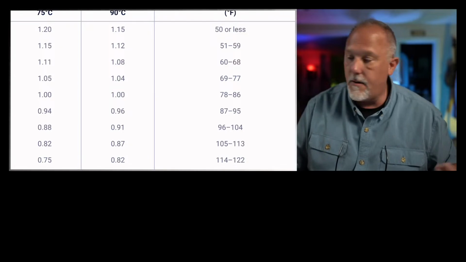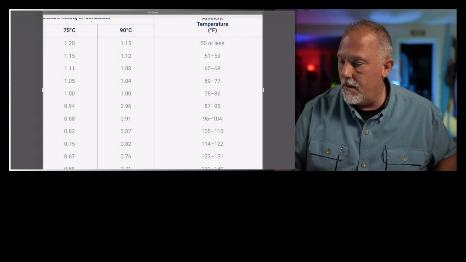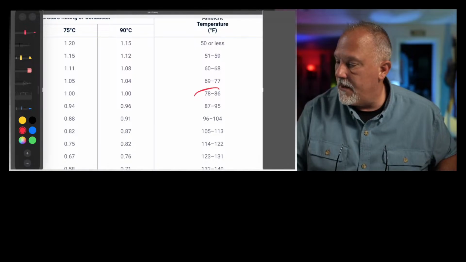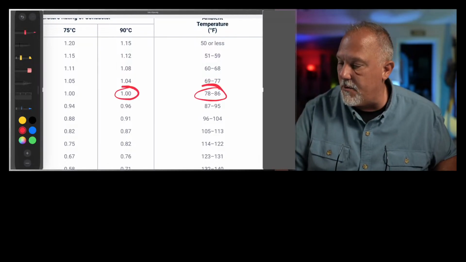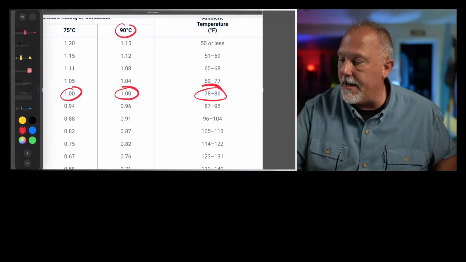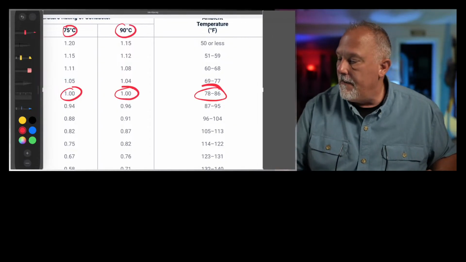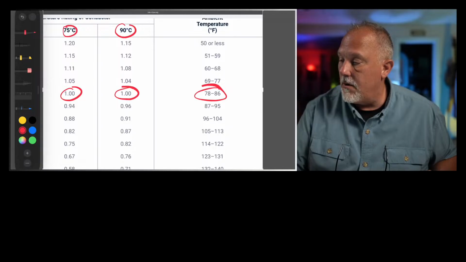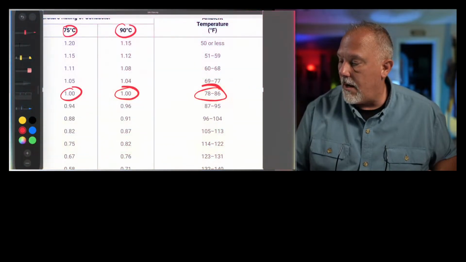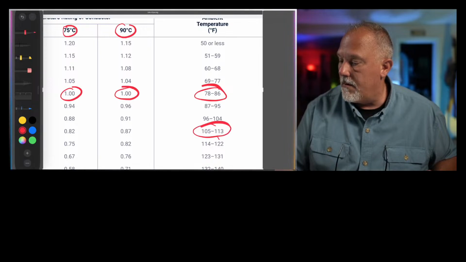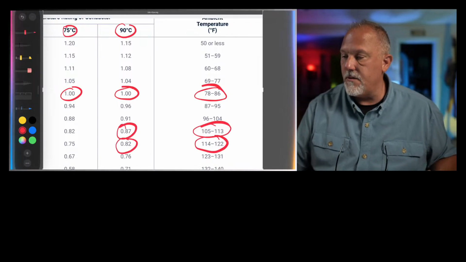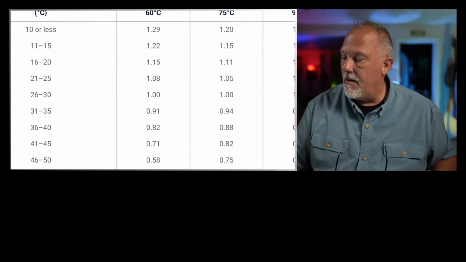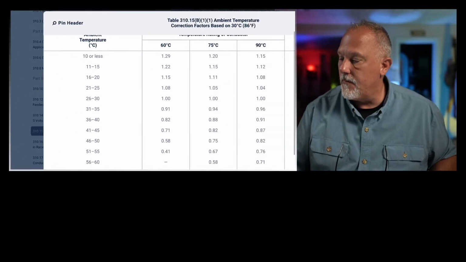All right. And where am I looking? I'll show you where I'm looking. There's your 78 to 86, and here are your multipliers. It's 1.0 for 90, for 75, and it's the same thing for 60. If I'm at an elevated temperature, say I go up, my multiplying factors go down.